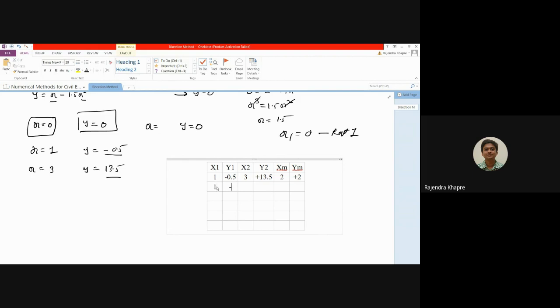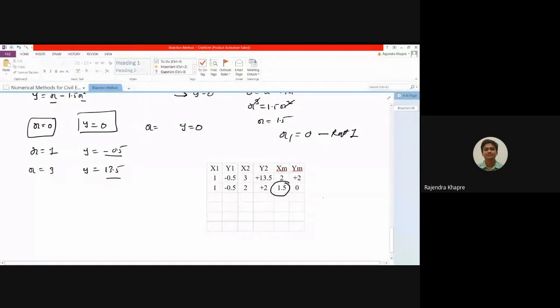So this is minus 0.5 because this is negative, and this is 2, which is positive. The xm value will now be 1.5, and if you calculate, y is going to become 0. Please check. So basically this is the final root, your second root.